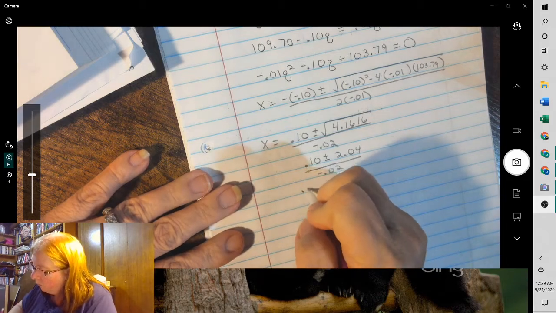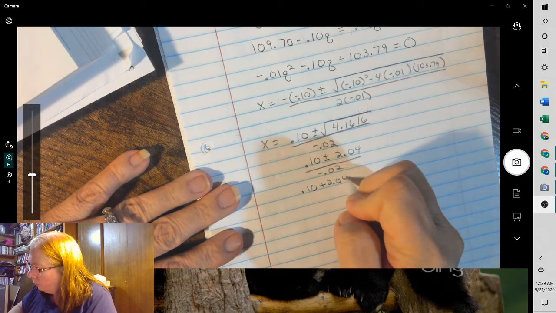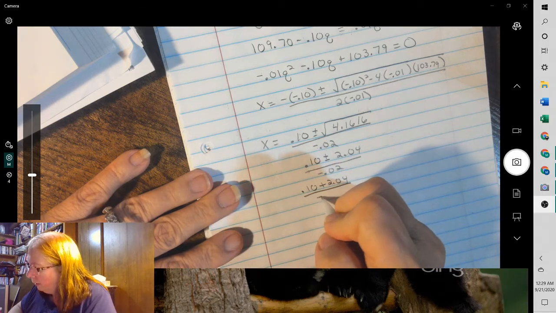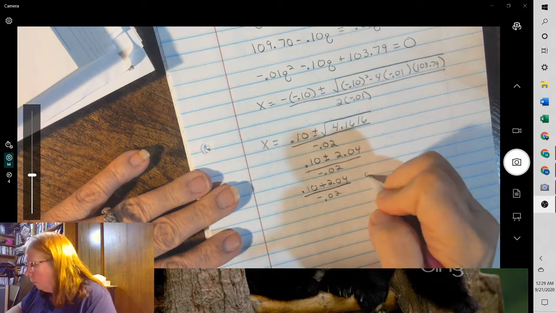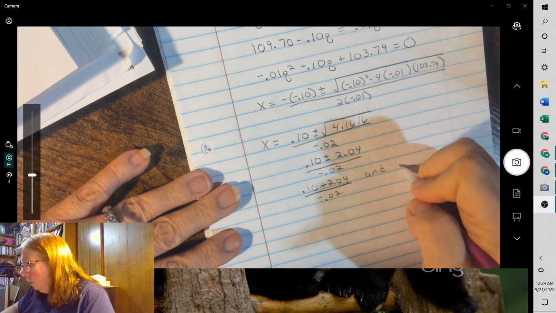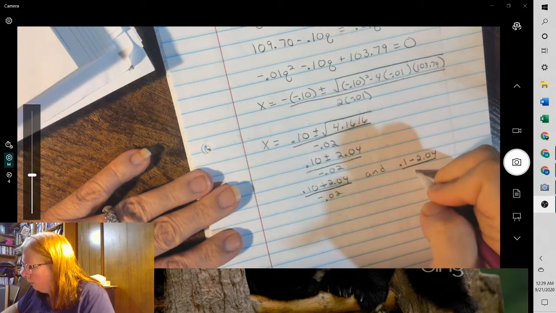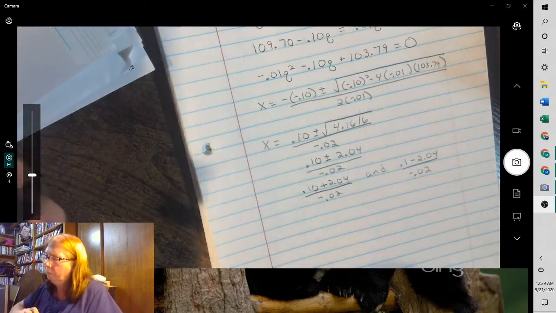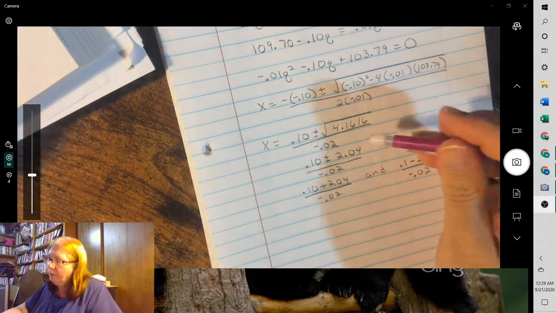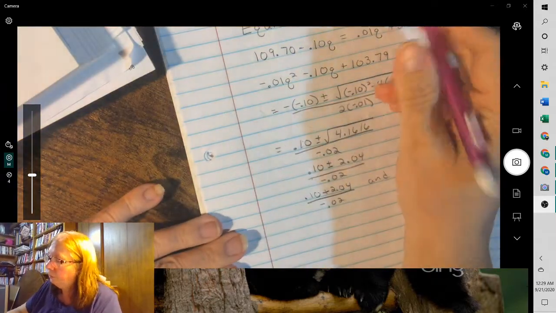So we have 0.10 plus 2.04 divided by a negative 0.02. And 0.1 minus 2.04 divided by the negative 0.02. Somehow I always use X's, but it is Q for quantity.